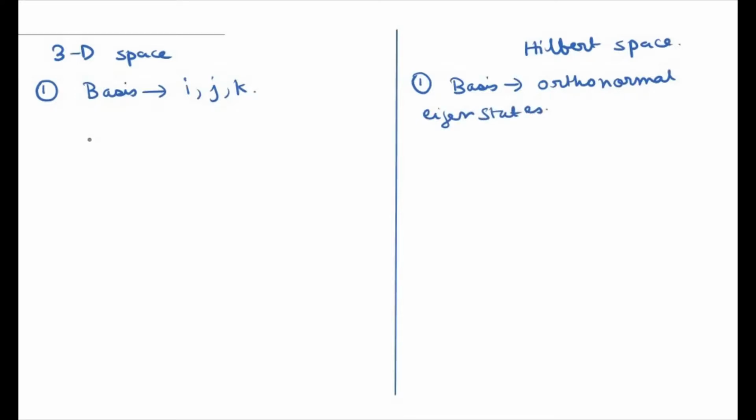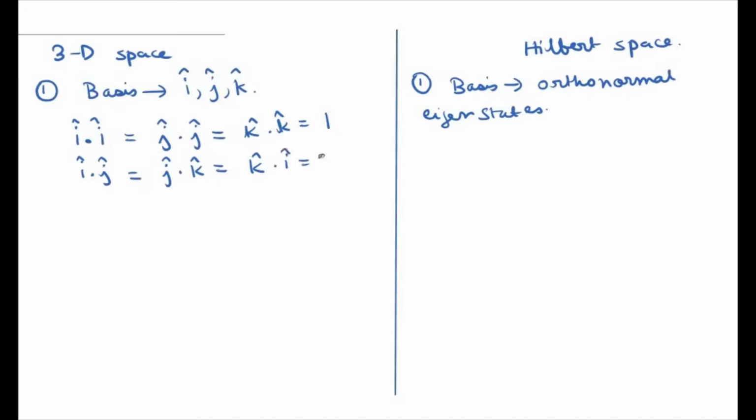Now there is an interesting analogy we can make. i dot i, where I put a hat to denote that these are unit vectors, is equal to j dot j, which is equal to k dot k, which is equal to 1, and i dot j is equal to j dot k is equal to k dot i, and these are equal to 0.